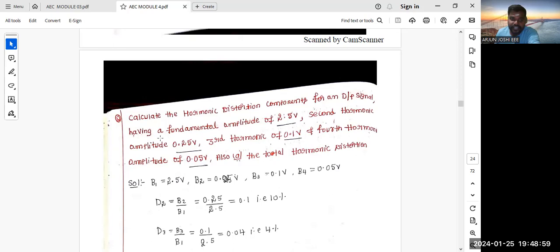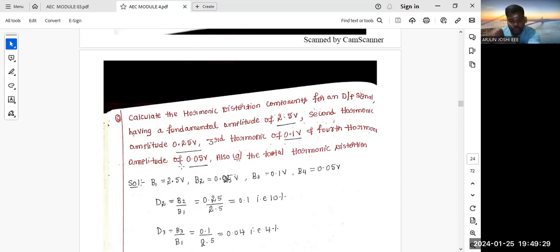For an output signal having a fundamental amplitude of 2.5. What do you mean by fundamental? Fundamental amplitude is B1. Second order harmonic amplitude 0.25. That is, B2 is 0.25. Third order harmonic of 0.1, B3 is 0.1, and fourth order harmonic amplitude of 0.05 volts.